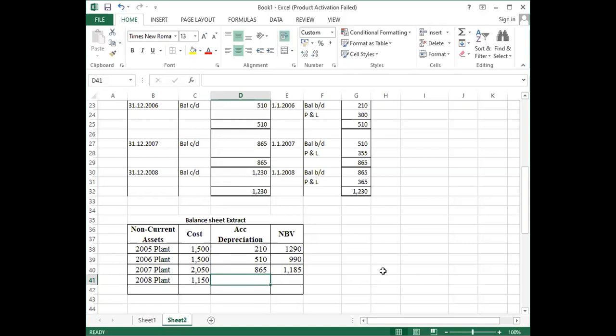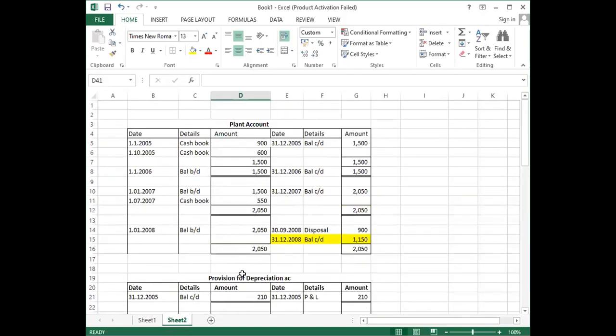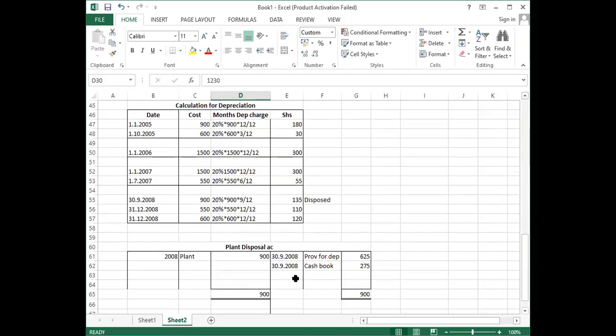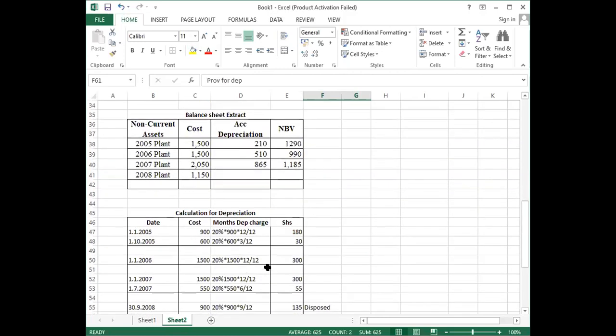My friends, I'm asking a very simple question. The total accumulated depreciation, which is in the provision for depreciation, is 1230, right? But we have sold a machine, and that machine had an amount of 625 in the account for provision for depreciation. So what is the net balance that we have carried forward?